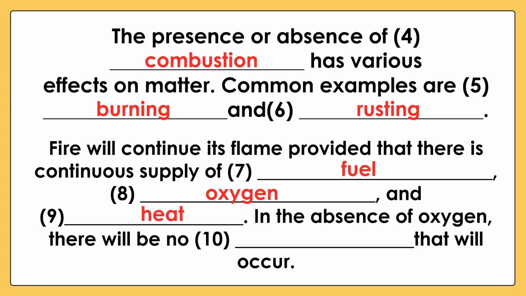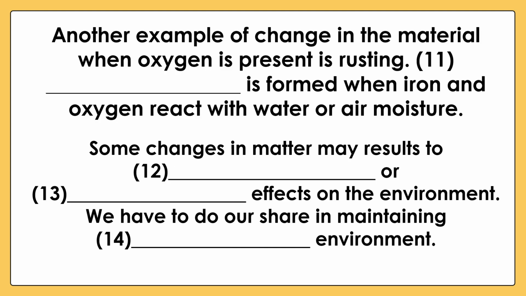In the absence of oxygen, there will be no fire or flame that will occur. Another example of change in the material when oxygen is present is rusting. Rust is formed when iron and oxygen react with water or air moisture.